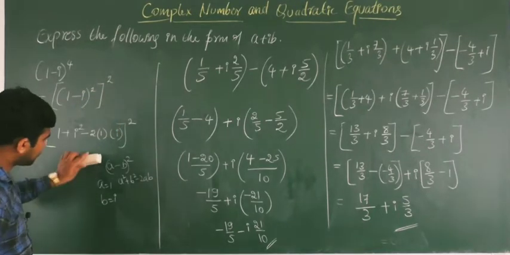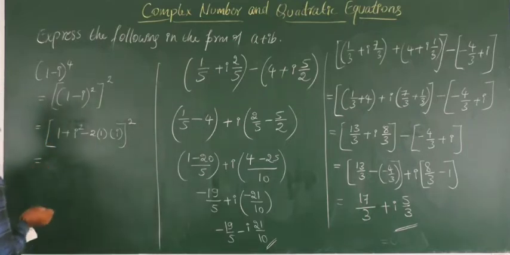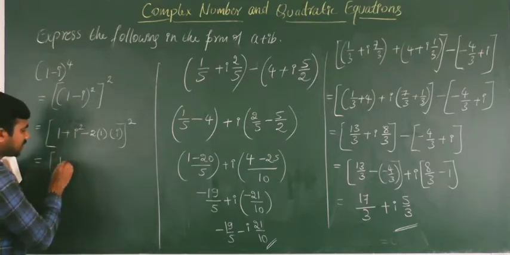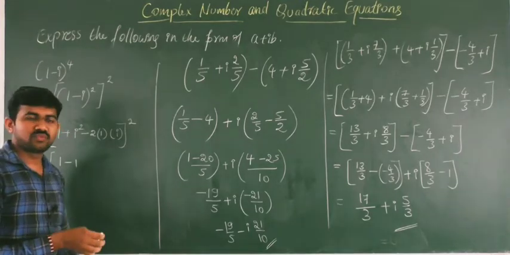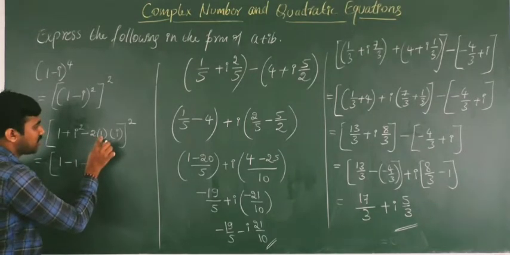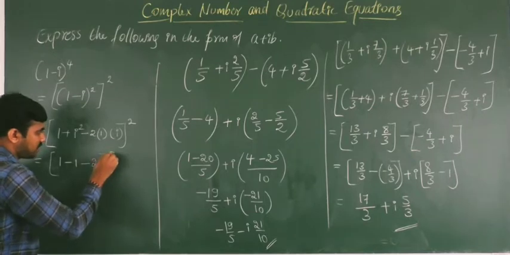Now I will erase this. See, this is equal to, 1 plus I square, which is minus 1. We know the value of I square is minus 1. Then minus 2 into 1 into I, minus 2I whole square.